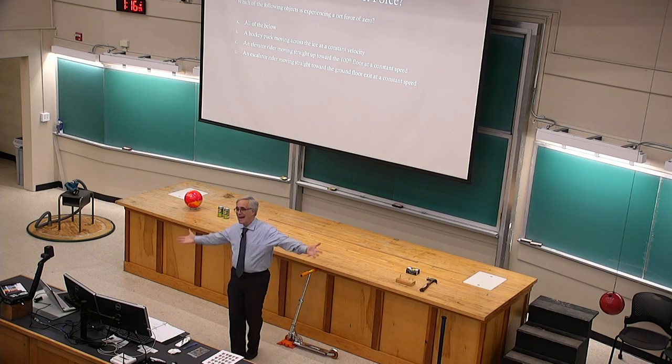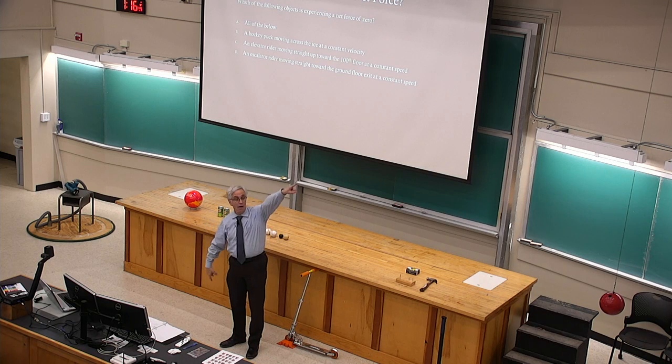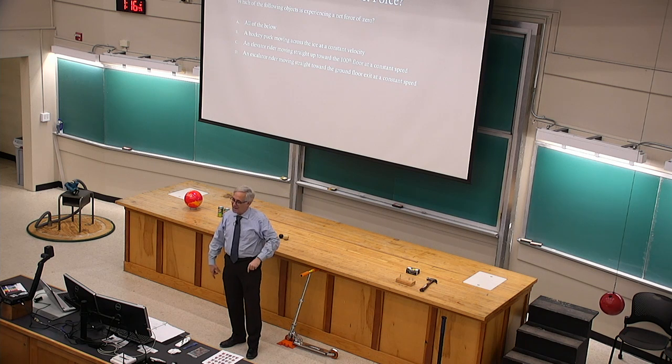And this is true not only in an escalator. Say you're riding a cable car up into the mountains. As long as you're moving at constant velocity, the net force on you is 0, it's just supporting your weight. If you were riding a bicycle up a hill towards the top of the mountain at constant velocity, which is a common situation, you're just pedaling along. There are lots of forces acting on the bicycle.